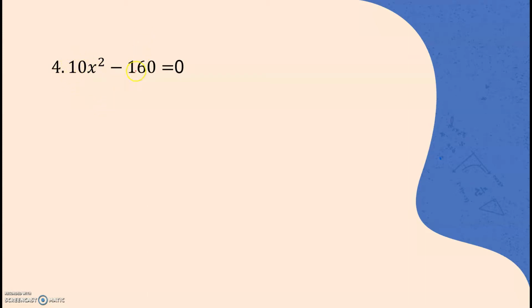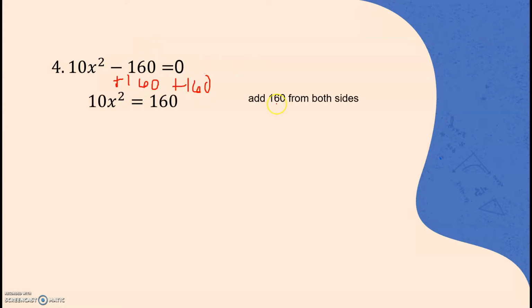We have to add 160 to both sides so that it will be moved to the other side. After that we divide both sides by 10, because you have to make the coefficient just 1. So 160 divided by 10 is 16. So x squared equals 16.